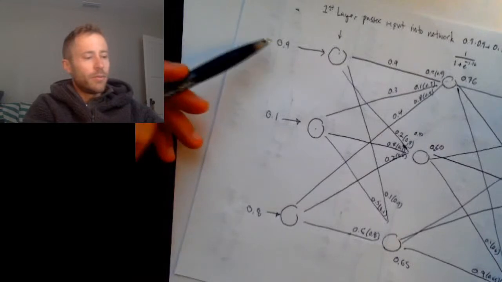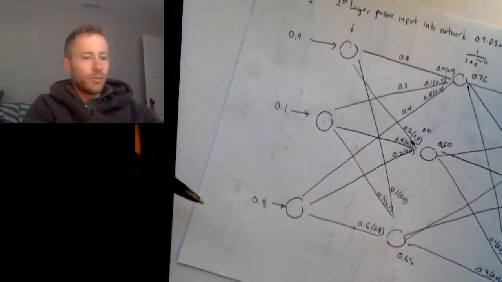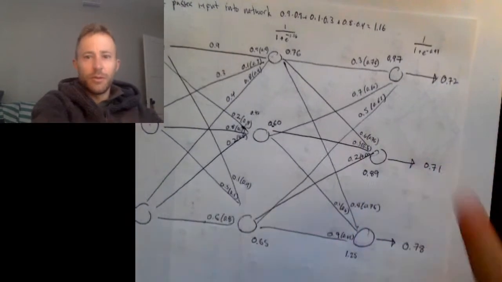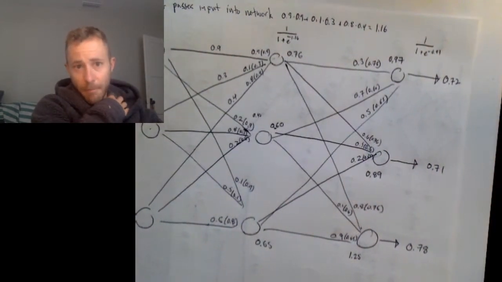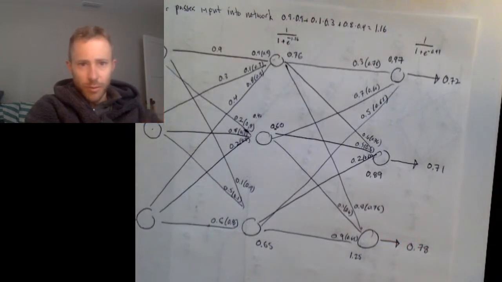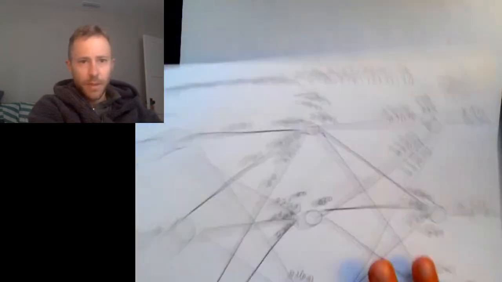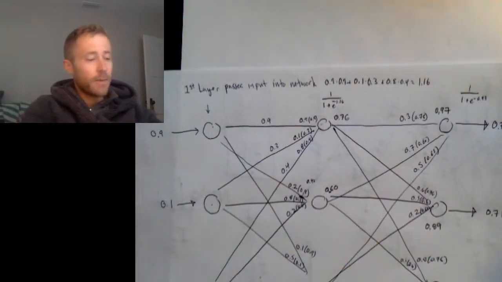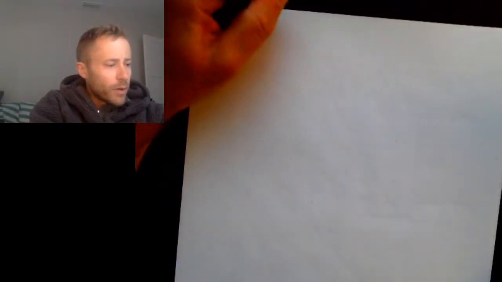So if the input is 0.9, 0.1, 0.8, then the output is 0.72, 0.71, 0.78. All right? But I want to talk a little bit more abstractly, so that I can get you a general formula. Okay? So, a bit more abstractly.